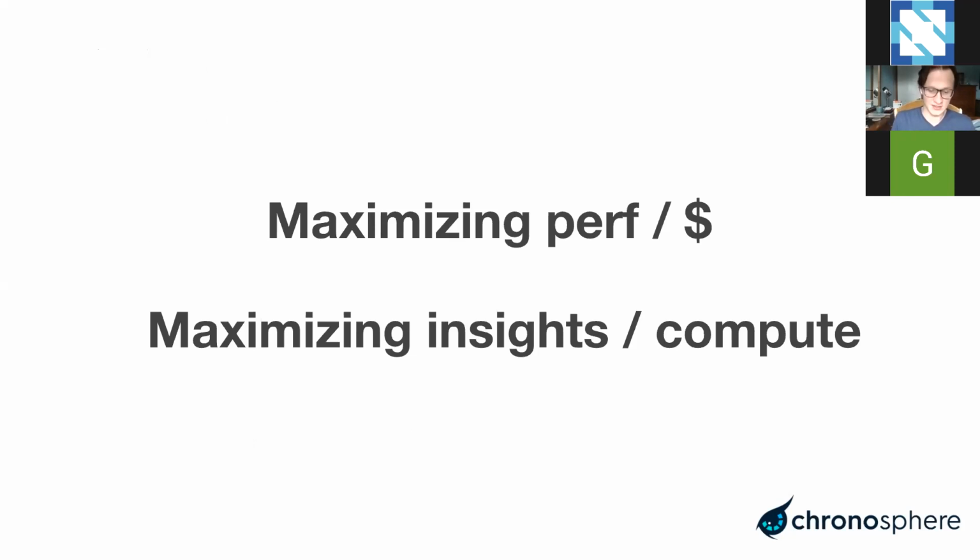And so that kind of leads to the maximization problems that we've more recently been focusing on. You can think about these maximization problems as kind of two different buckets. One is just trying to get the absolute most performance you can per dollar of compute spend. But then secondly, and this is a little more from the perspective of the engineer who's relying on this monitoring infrastructure, what we're trying to maximize is the actual value to that engineer, or the insights one can get from the stuff we're ultimately storing.